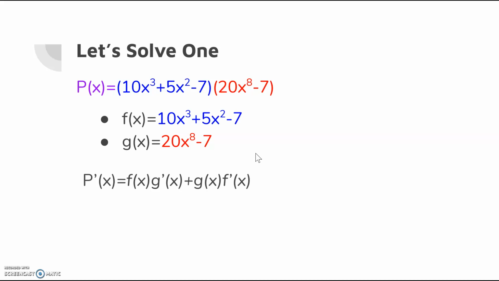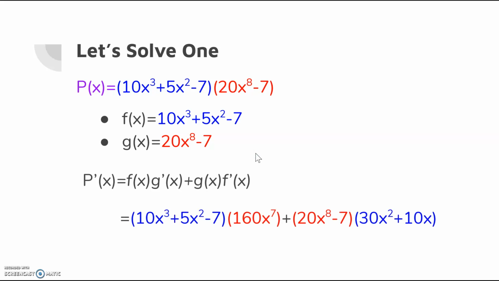Now using our formula, we can leave f of x alone, and then times it by the derivative of the second, g of x, and then add g of x alone times the derivative of f of x. As long as both functions have their turn to be the derivative, it doesn't matter which order it's in. But I find that keeping it f of x, g prime of x, g of x, f prime of x helps me to not forget any of the steps.